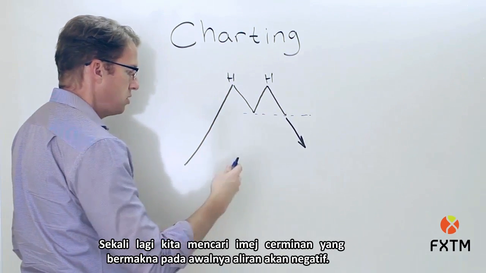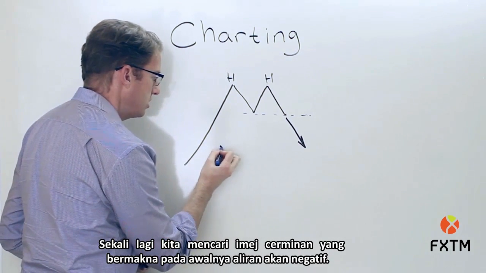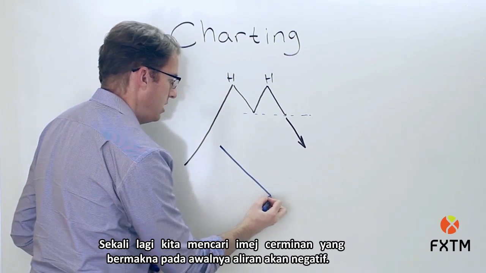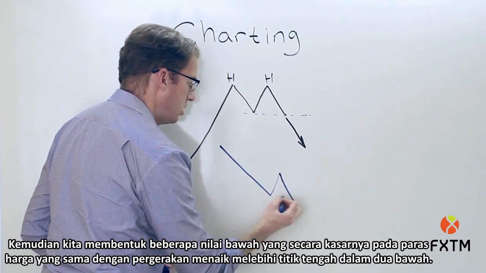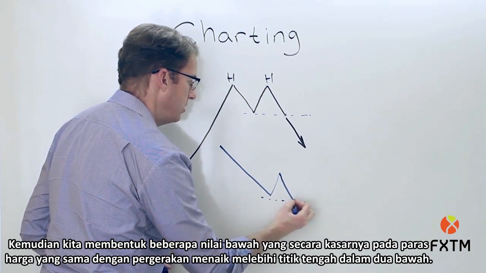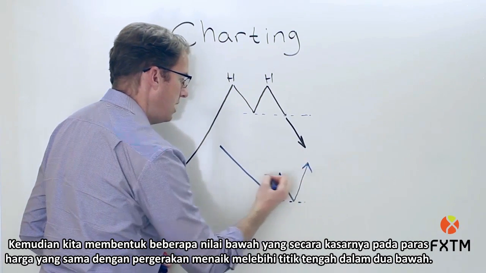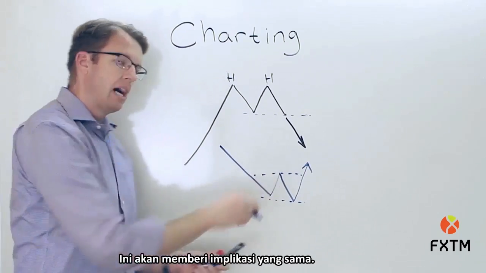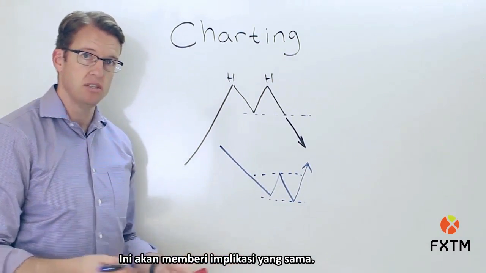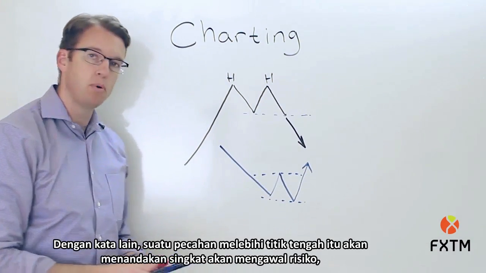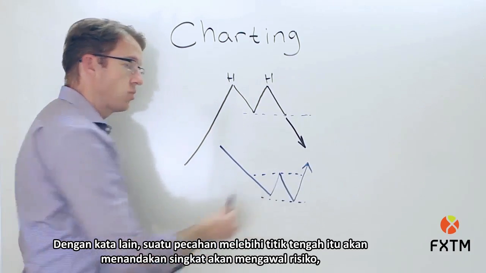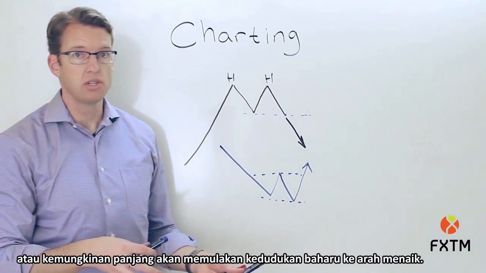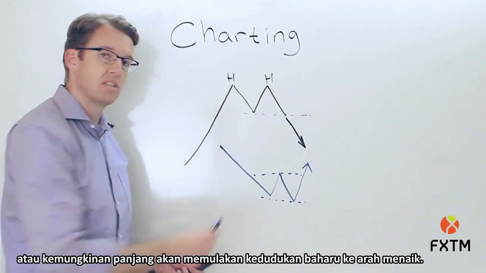Initially the trend would be negative, then we form a couple of lows that are roughly at the same price level with a move up beyond that midpoint in the double bottom. That would have similar implications. In other words, a break beyond that midpoint would indicate that shorts should be controlling their risk, or potentially longs should be initiating a new position to the upside.